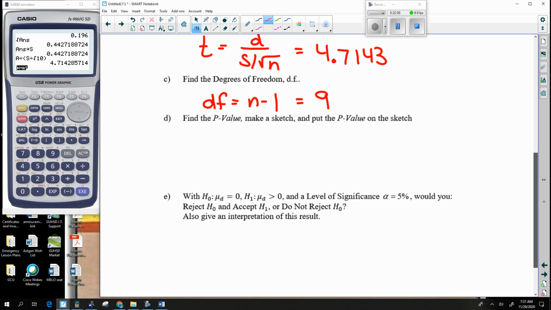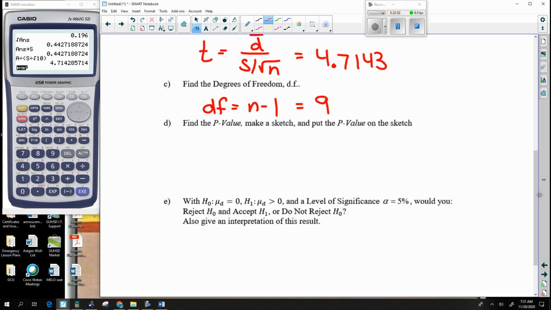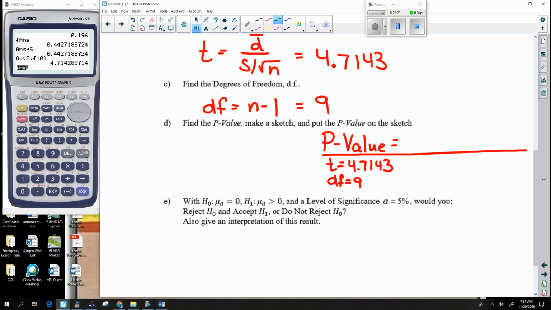Okay, now I find my p-value, and I don't want to get it twisted up with the work that I'm going to produce. So I have a t of 4.7143 and a degree of freedom of 9. Now, again, before I do this, take a glance at the next problem.